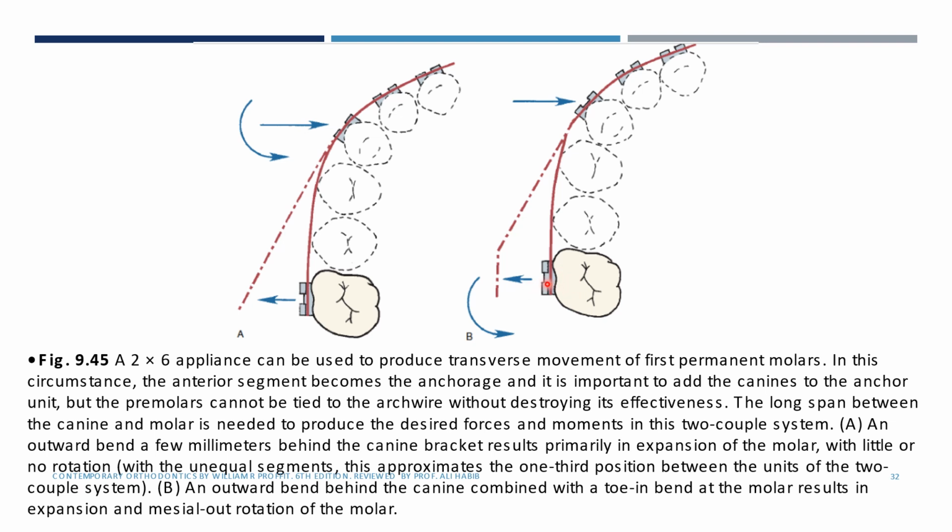It will experience buccal force, the same direction as the apex, and a moment to derotate the molar. So if you have a molar that is palatally positioned and rotated at the mesial end, then maybe you can have what we call a toe-in bend. If you want to do just buccal movement of the molar, you can do this figure in A.